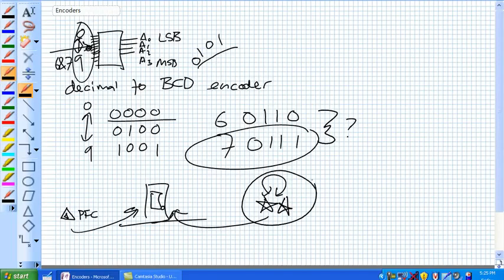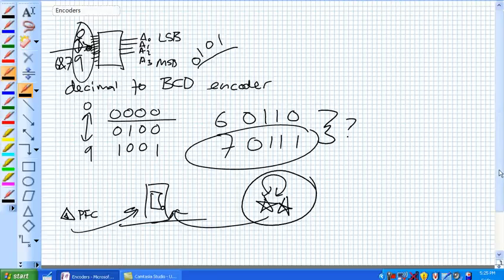Who do you think is going to get through first? General Hawk. So highest order receives precedence. In our example where the 6 and 7 keys were pressed simultaneously, 7 gets the output: 0, 1, 1, 1.